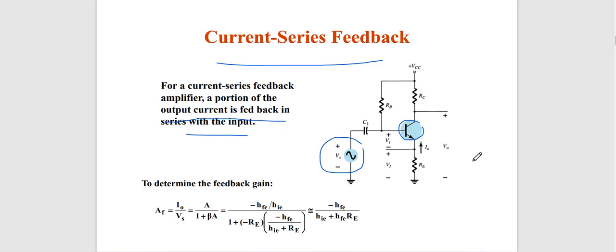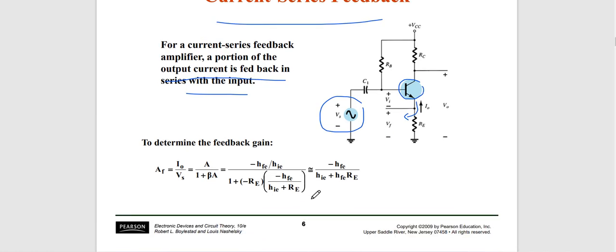The output of the BJT is a current, so the current will be fed back in series with the input. This is the feedback here, and this is the output. So the feedback gain AF is Io per Vs.